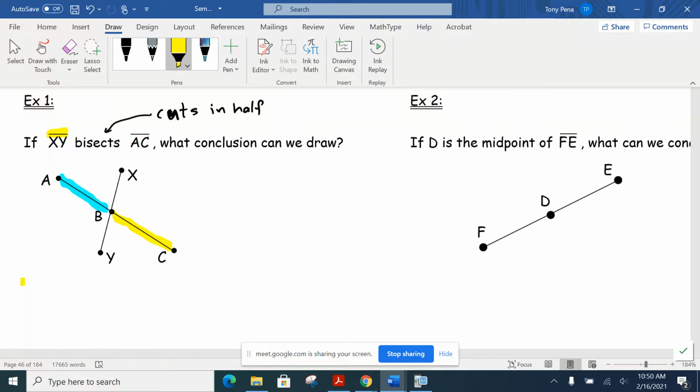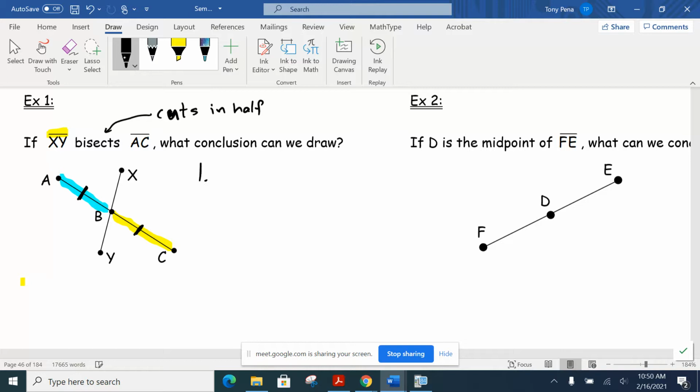If that cuts it in half, AB and BC must be congruent. So in notation, we use little tick marks to indicate that. So let's put a single tick on what I have in blue and yellow. That means those are congruent.